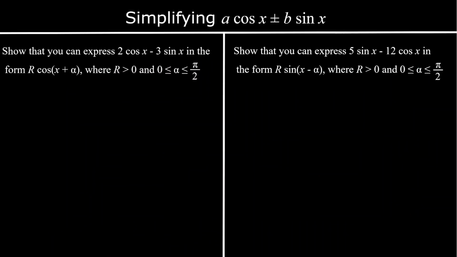Another one, show that you can express 2 cos x minus 3 sin x in the form r cos x plus alpha, where r is greater than 0 and alpha is between 0 and pi over 2. So it's our cos A plus B this time.